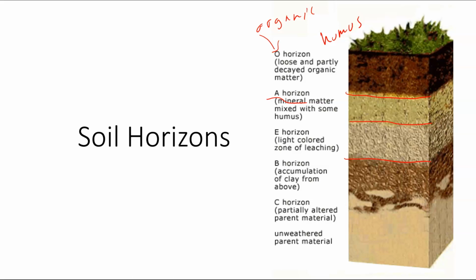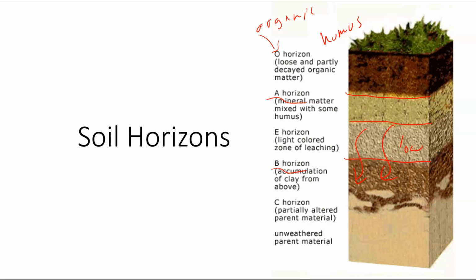So it's primarily mineral matter, but it does have some organic material mixed in with it. Beneath that is what they call the E horizon, and that would be similar to our topsoil, but it's heavily leached, so very low nutrient capacity in that layer right there. And then beneath that is the B horizon, which is where we tend to get our clay accumulating.